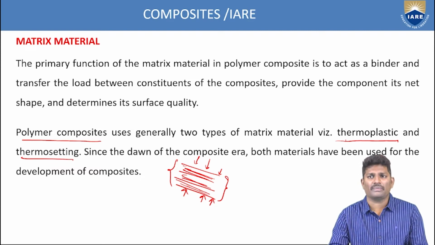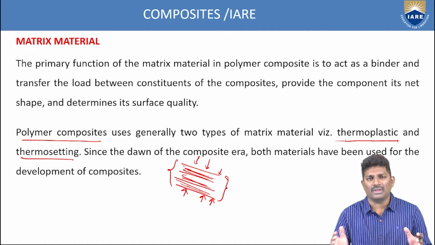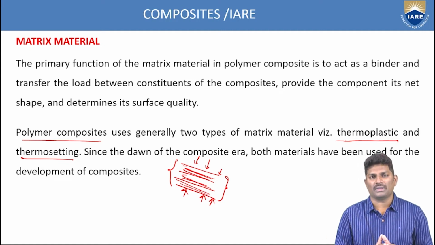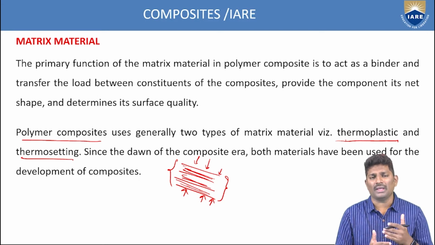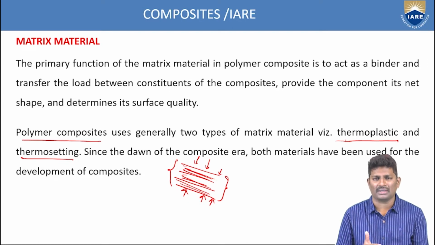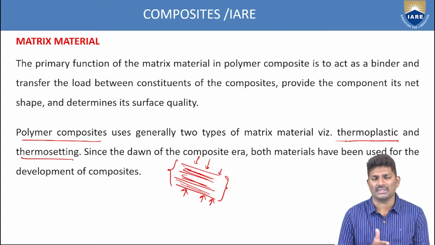Now, since the composite era, both materials have been used for the development of composites. So these composite materials can be very useful in different applications, as we have discussed, like construction, engineering applications, civil applications, electrical, even computer applications. It doesn't have only a single manufacturing material.